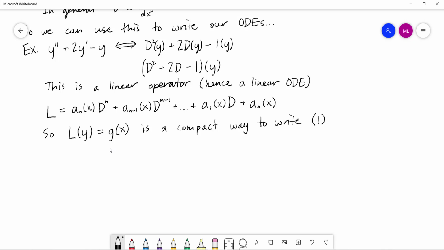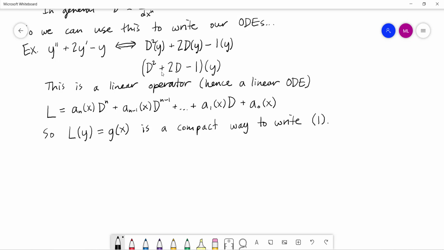And again, because it's linear, we can treat doing L of y and break it up into all these separate pieces. You can pull constants out. You can do all of that good stuff.